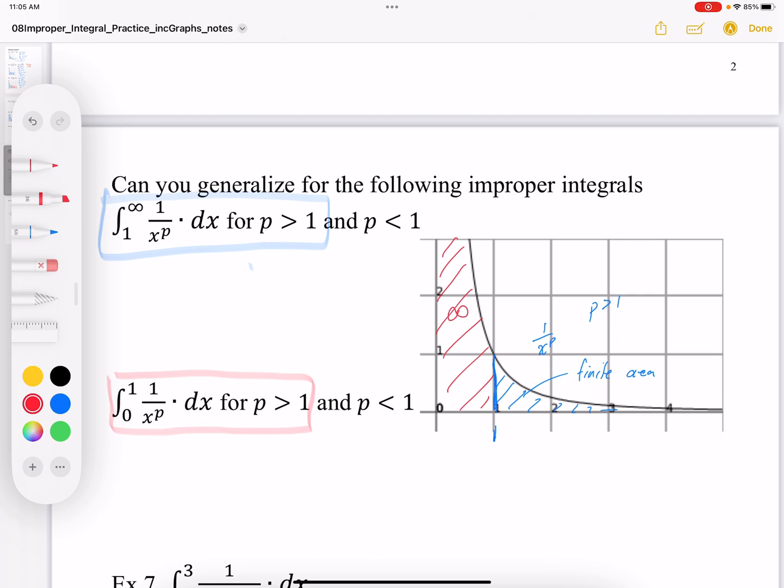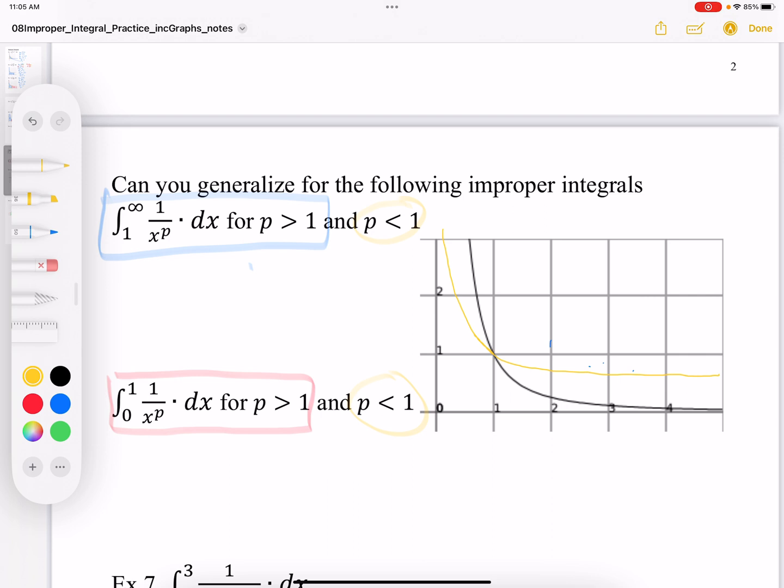Now we flip that relationship around when the power is less than 1. So I'm just going to do something different for powers less than 1. Let's clean up this picture here. A similar relationship exists, but it works the opposite way around, because when powers are less than 1, the shape of the graph changes so that it pinches off to the asymptote quicker, and then it doesn't fall away quite as fast.